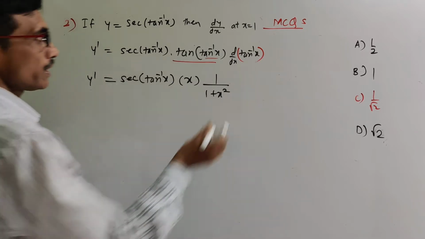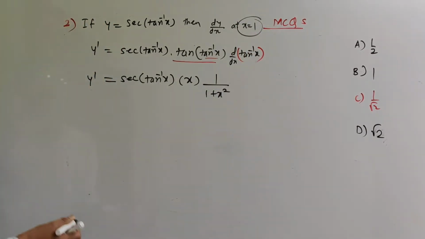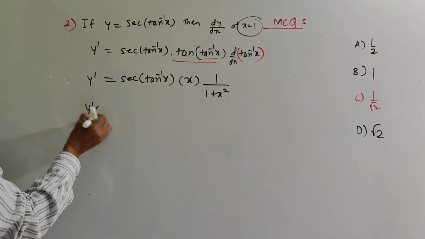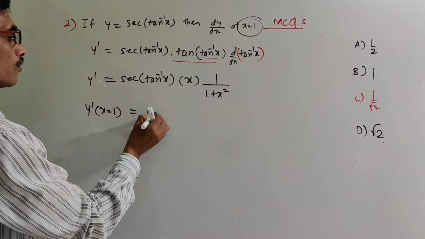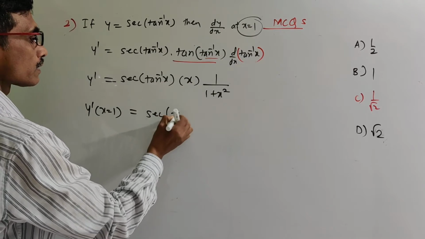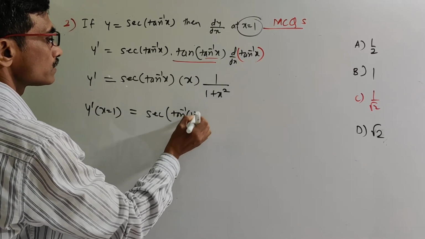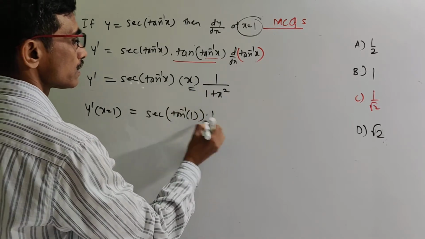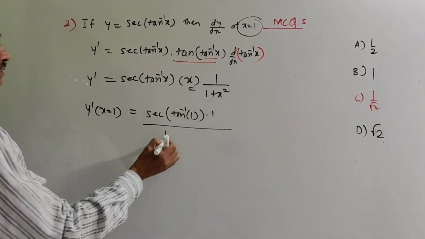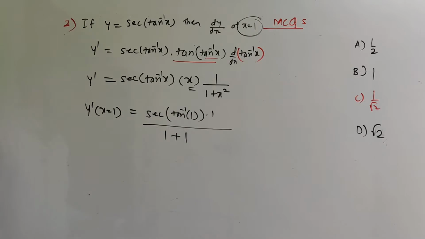This is what y dash is. Now we require y dash at x equals 1, so it is sec of tan inverse of 1 into 1, this is 1 upon 1 plus 1 square, that is 1 upon 2.